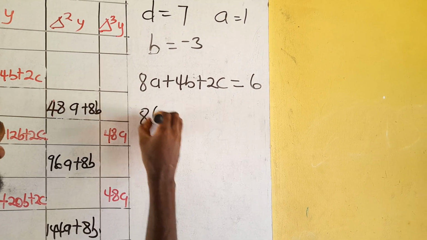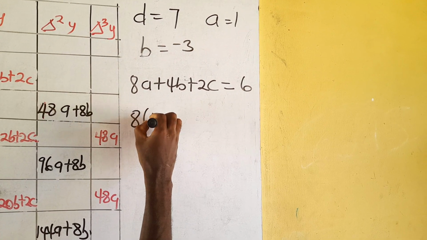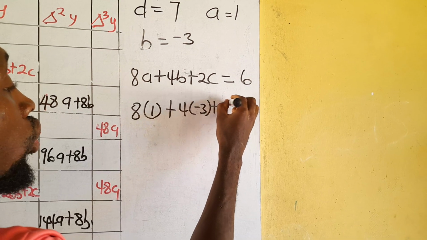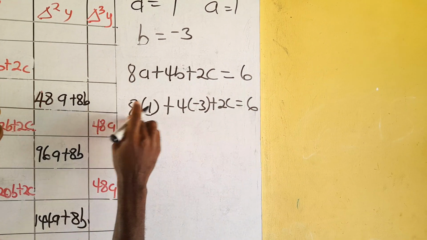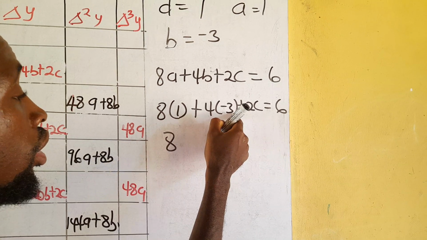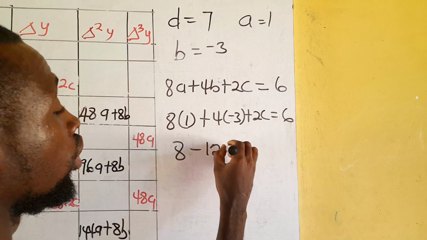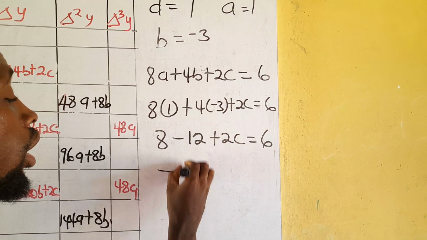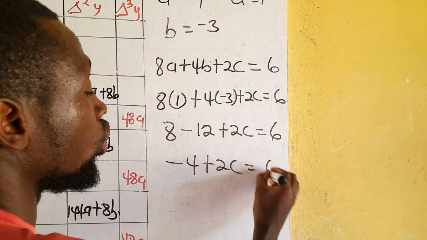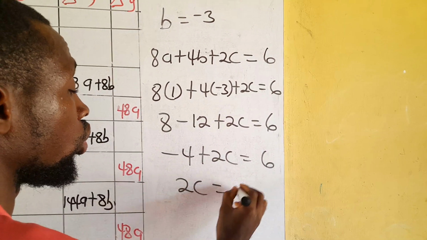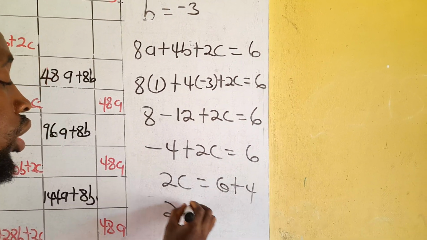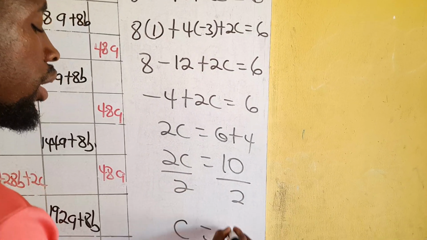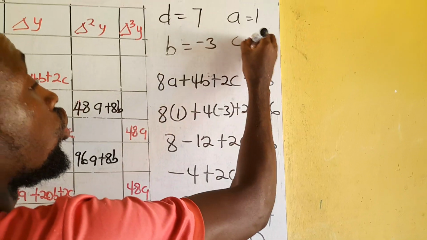So 8, our a is 1, b is negative 3, plus 2c is equal to 6. 8 times 1 is 8. 4 times negative 3 is minus 12, plus 2c is equal to 6. 8 minus 12, that's negative 4, plus 2c equal to 6. 2c will be equal to 6 plus 4. 2c is equal to 10. We divide both sides by 2, our c is 5. So c is equal to 5.